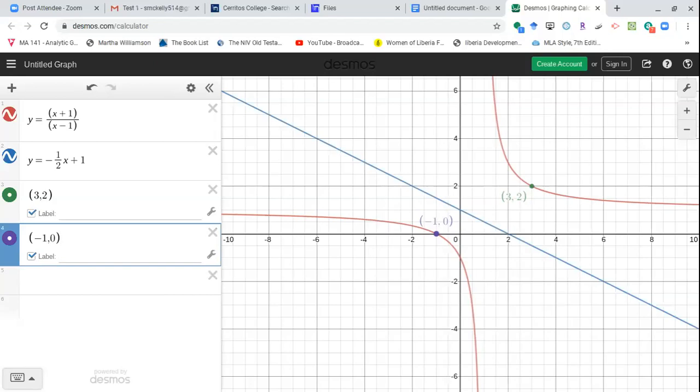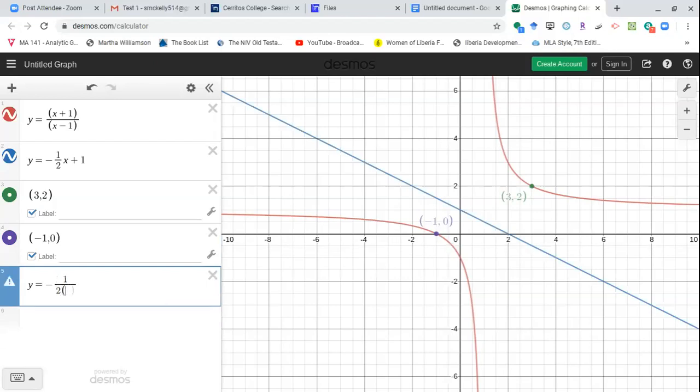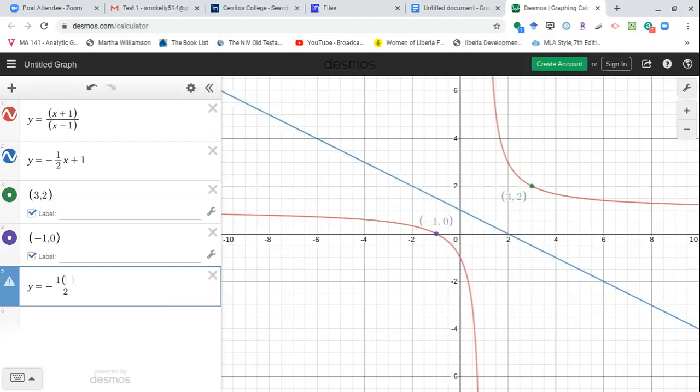Yeah. And that's what we just did with our y equals mx plus b idea. So we have y equals negative 1/2 times x plus 1.